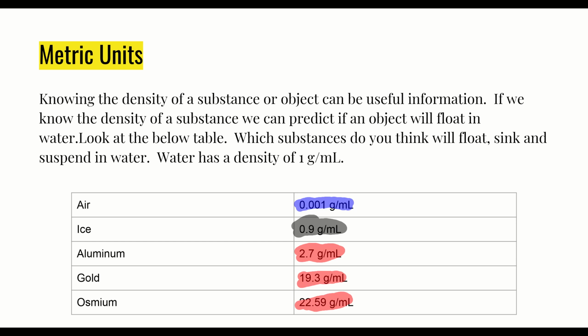Again, just to make sure we see this, this is going to sink, this is going to suspend, and then we're going to have float. That's just based on the density of the materials.